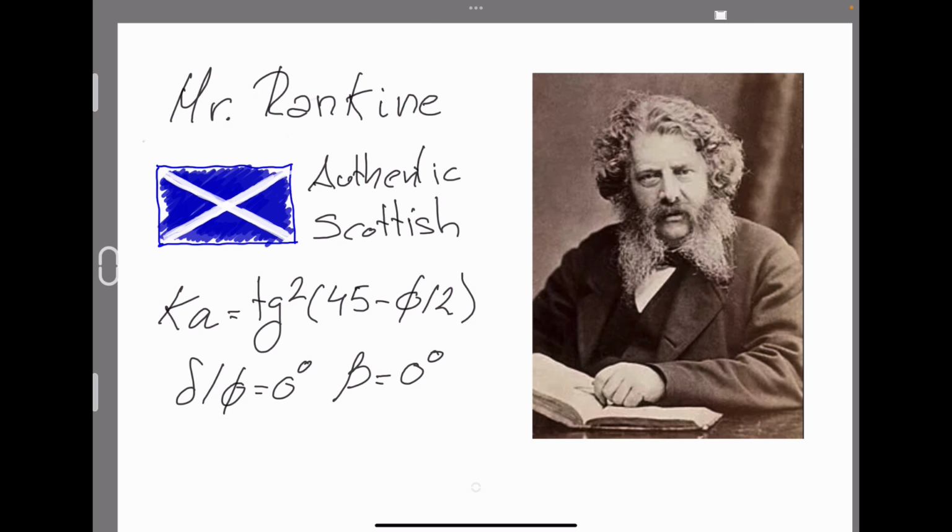The simplicity of the equation is based on two assumptions. The first one is that delta divided by phi is equal to 0. It means that no friction is assumed to be generated between the outer face of the retaining wall and the soil to be sustained.